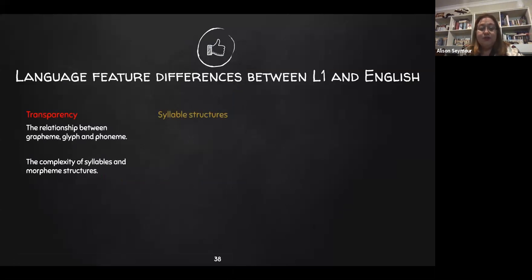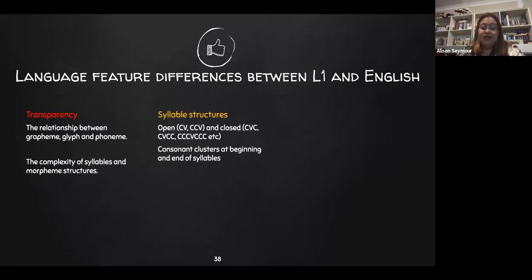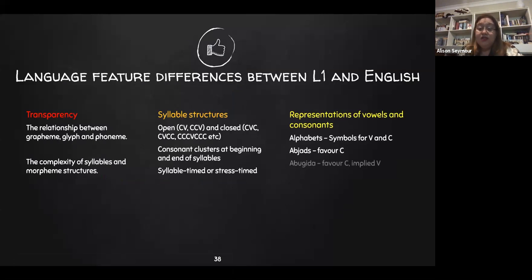So there's the transparency that we've talked about, syllable structures, whether they're open or closed, how many syllables, consonants at the beginning and end of each syllable, and whether it's syllable timed or stress timed, how vowels and consonants are represented. As we can see, many scripts around the world favour the consonants, and vowels are just implied.